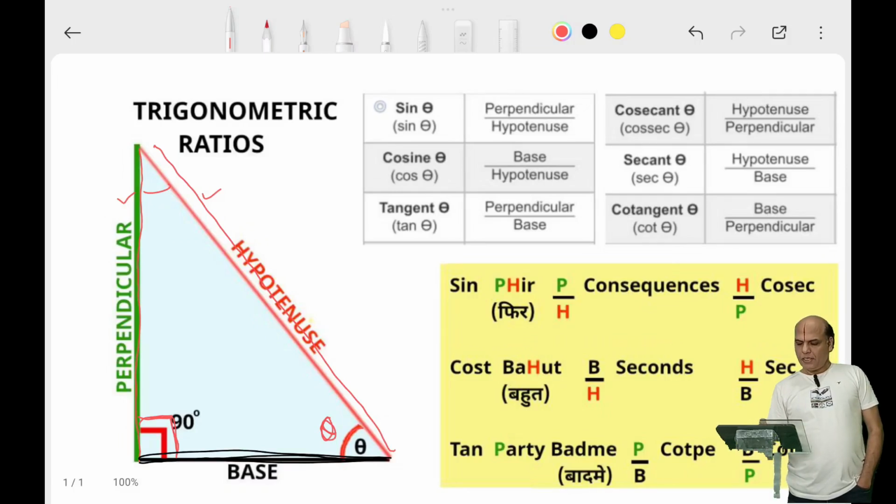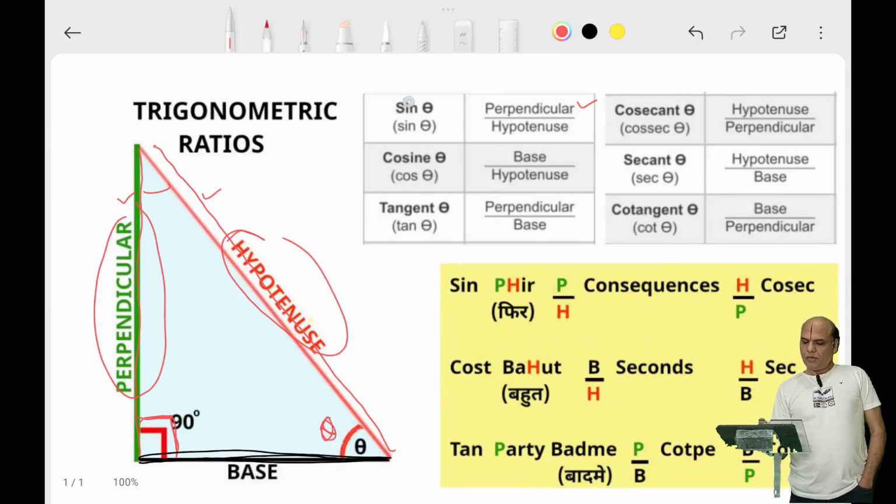When you take the ratio of perpendicular to hypotenuse, that is this perpendicular by hypotenuse, this ratio is called sine, and because this angle is being considered, it is called sine theta. So sine theta is a ratio of perpendicular to hypotenuse.